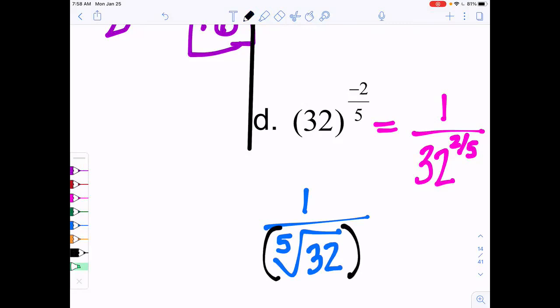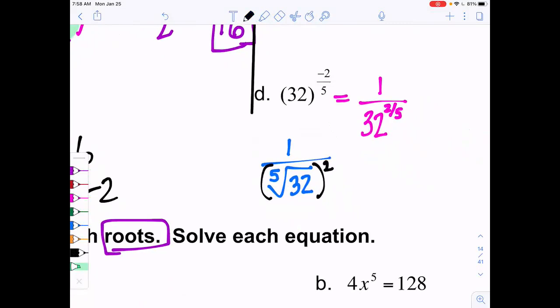The numerator becomes the exponent. And notice I'm always writing that exponent on the outside. So Riley, the 5th root of 32 is, and then 2 squared becomes 4. So we're not making anything decimals. We're keeping it all exact as fractions. That number 1 is on the top because our exponent was negative. But we're not creating a decimal value, keeping it exact.